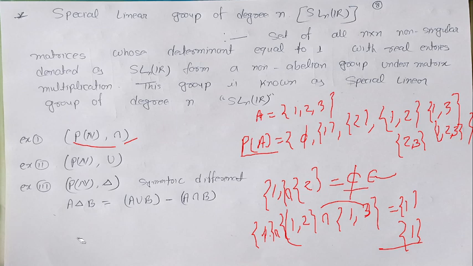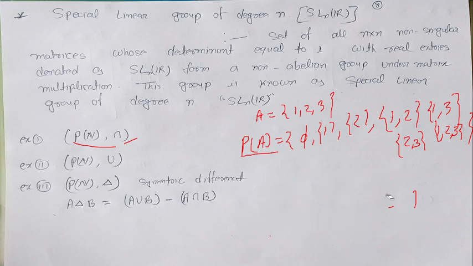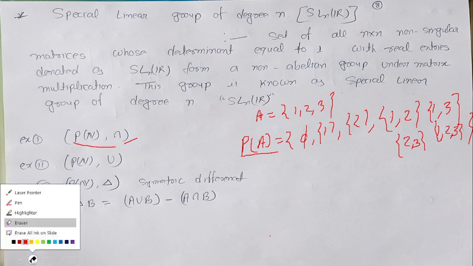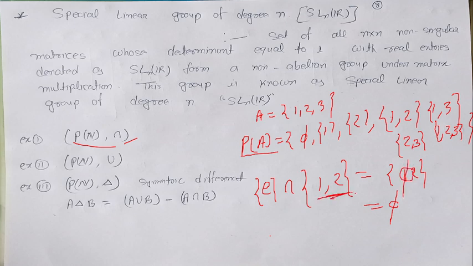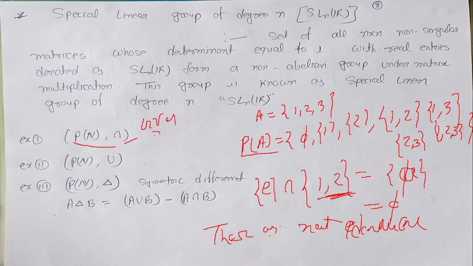If we talk about the identity property, this one is crucial. Suppose E is the identity element; its intersection with some element {1,2} must give {1,2}, but actually we get phi. Both intersections give phi, but actually we are interested in {1,2}, so there is no identity element, so this does not form a group.